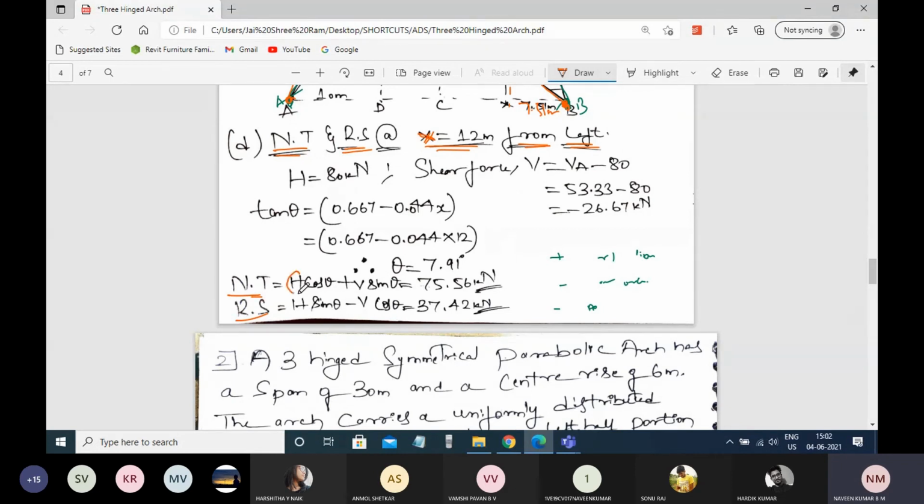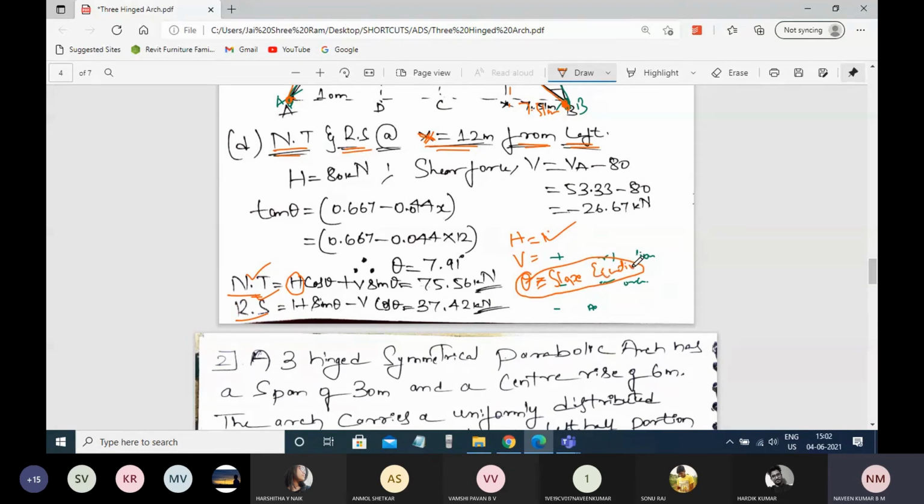So which are the unknowns that you need to find here? H is the unknown, V is the unknown, theta is the unknown. If you know these, you can easily find NT as well as RS. You already know the horizontal reaction, so you can directly substitute. Theta is nothing but slope, so this theta can be obtained from the slope equation.